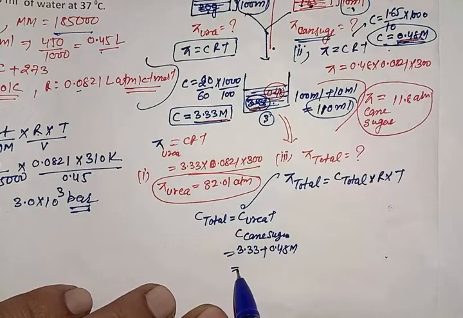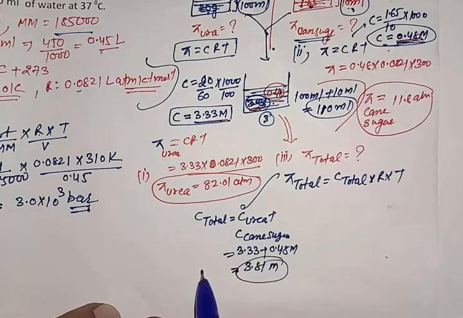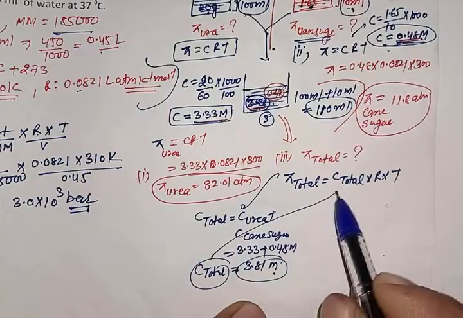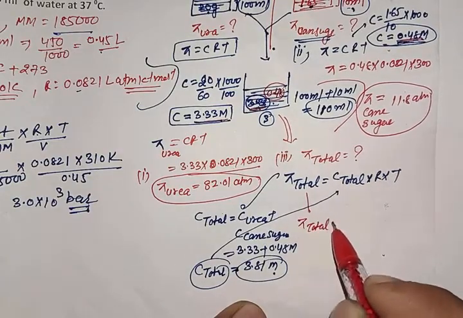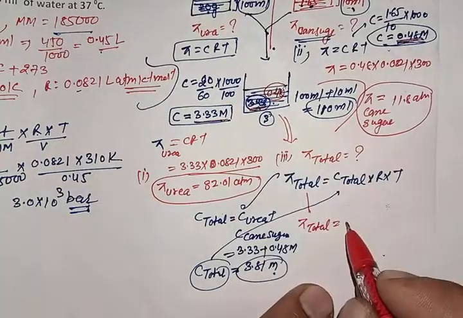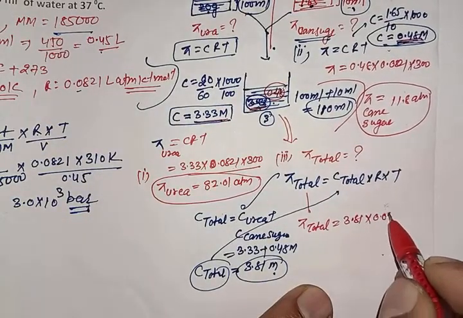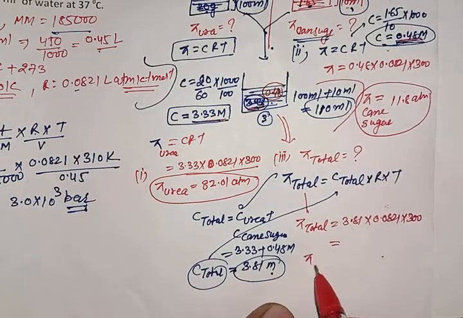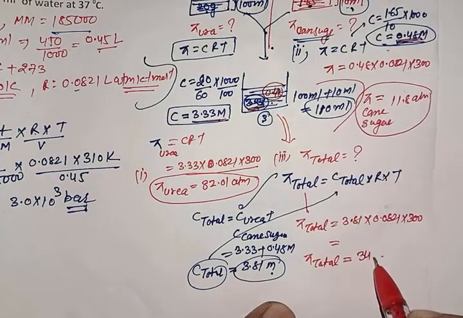The total concentration of this solution is 3.81 molar. So C total is 3.81 molar, and we can put the value of C total here. So the pi total of this third resulting solution will become C total, 3.81 molar, into R, 0.0821, into temperature 300. On solving this we will get the total osmotic pressure of the solution as 34.